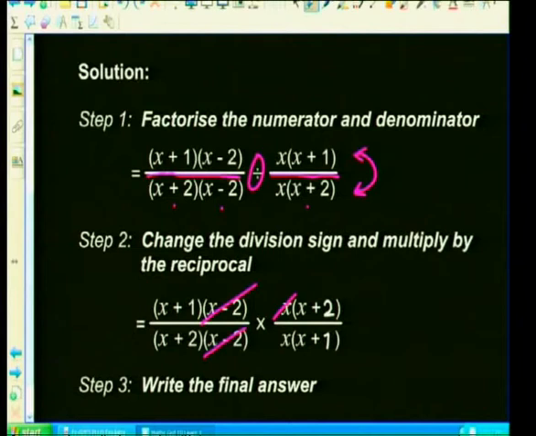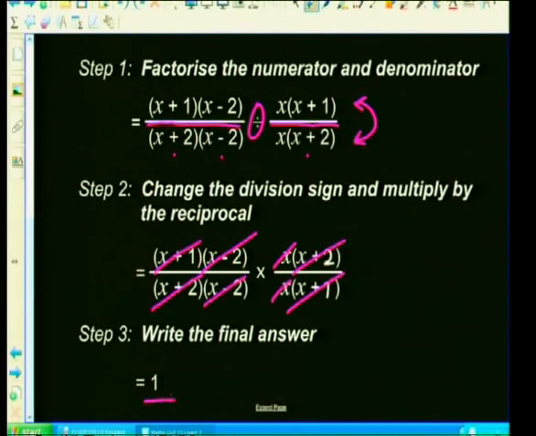That factor and that factor can fly away. And have a look. X plus 2 and x plus 2 as a factor can also fly away. And oh my goodness, so can x plus 1 and x plus 1. What am I left with? I'm left with the answer of 1.